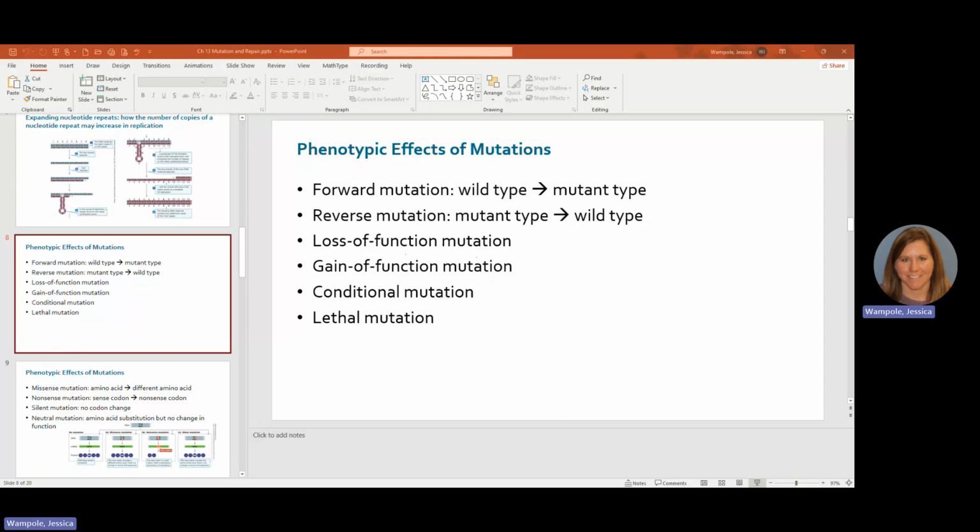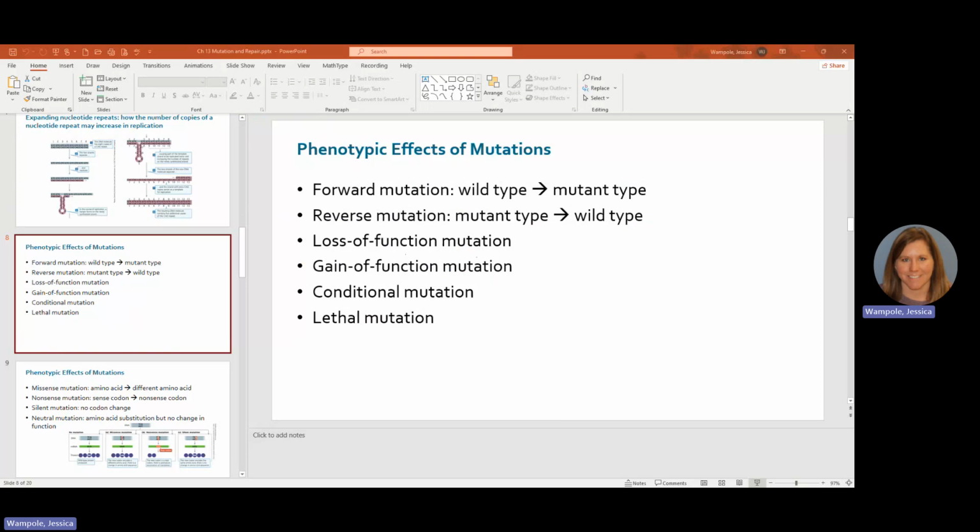So that is going to be a result of an insertion. Slippage on the new strand is going to lead to inserting a base pair. If you get slippage on the template strand, basically the same thing happens except that the template strand moves, so you're going to have the template strand bulging out.